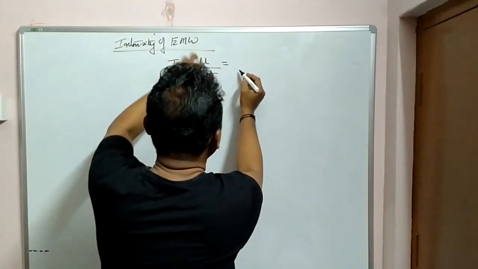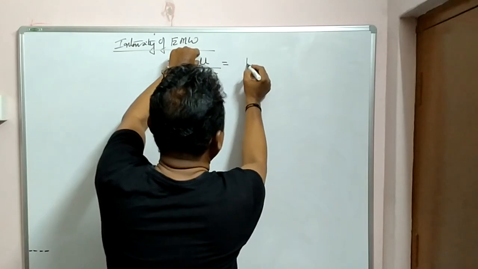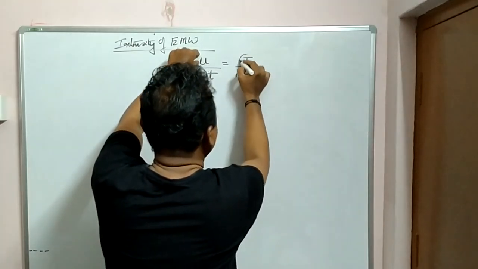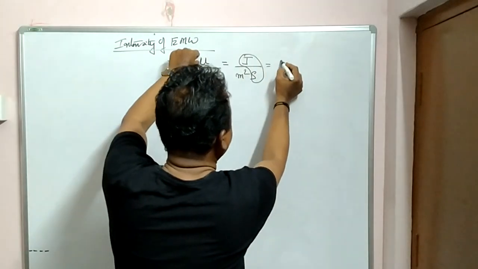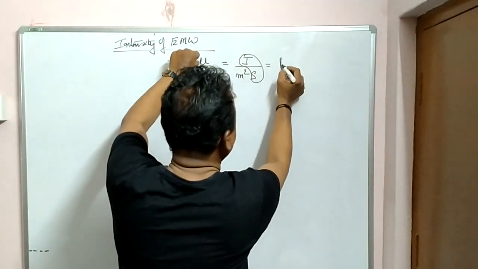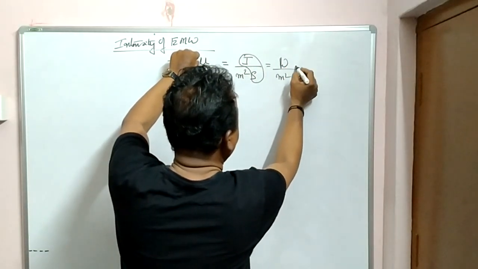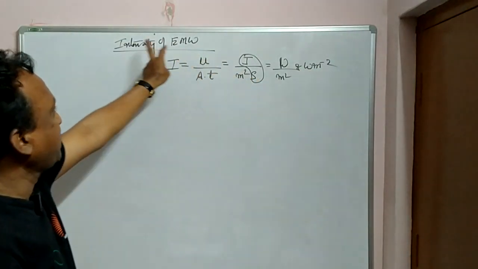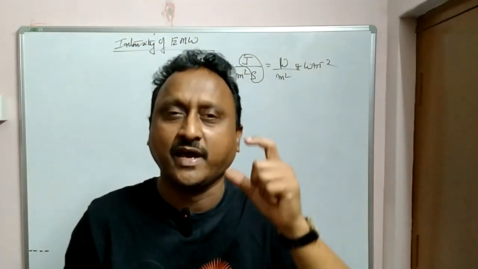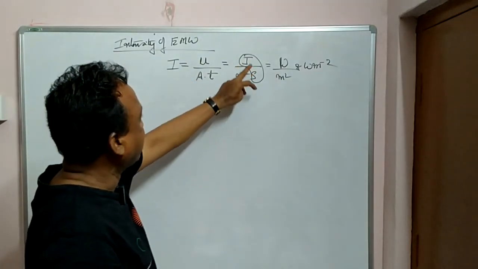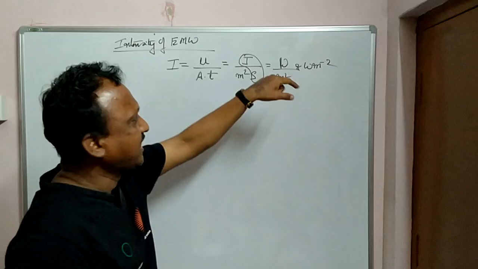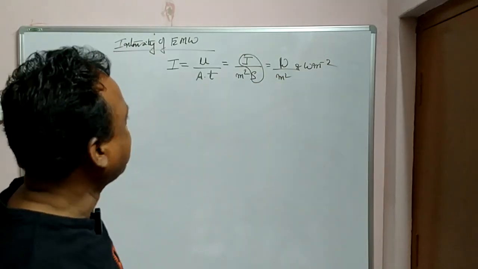And what are the SI units? Energy is in joules, area in meter square, time in seconds. And we all know joule per second is power, that is watts. So the unit is watt per meter square, or simply watt meter to the power minus 2.